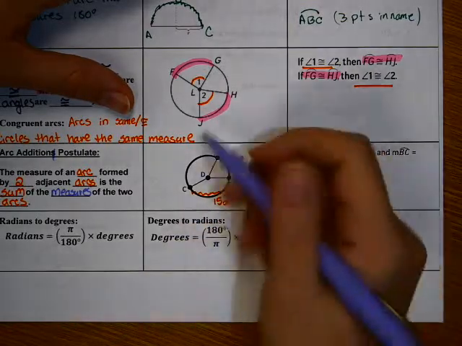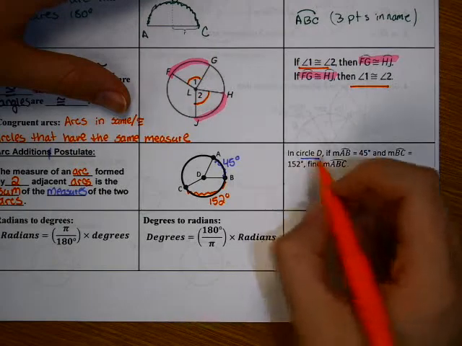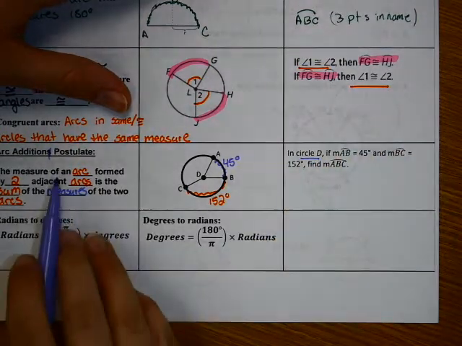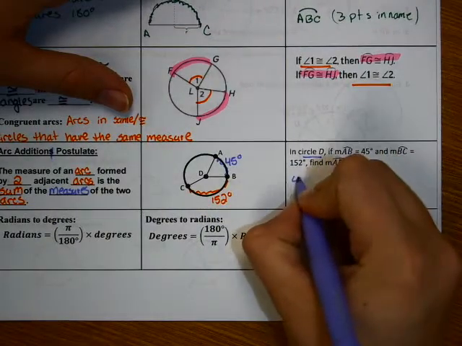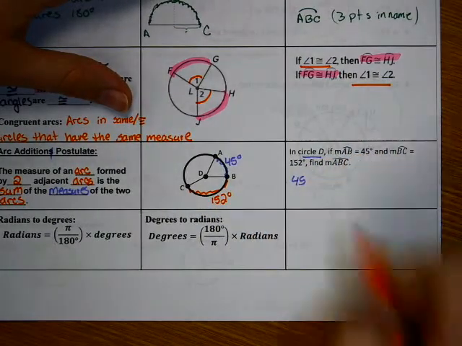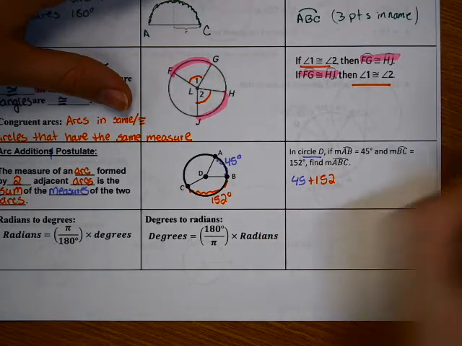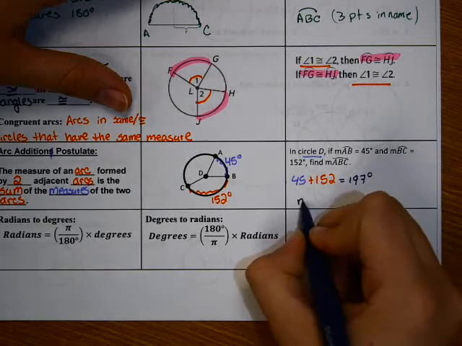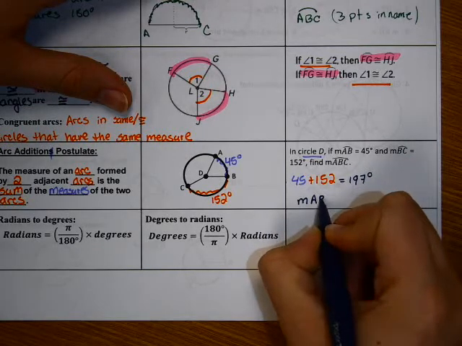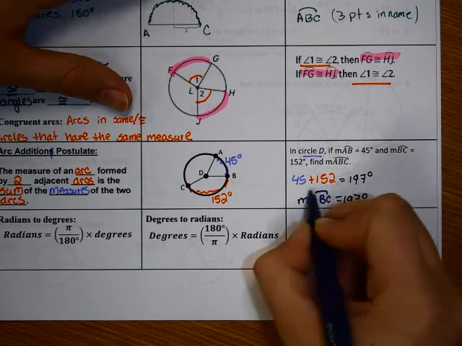Find the measure of arc ABC. So all I really have to do is use the addition postulate. These are adjacent arcs, so I'm allowed to add them. 45 plus 152 is 197. So the measure of arc ABC equals 197 degrees.